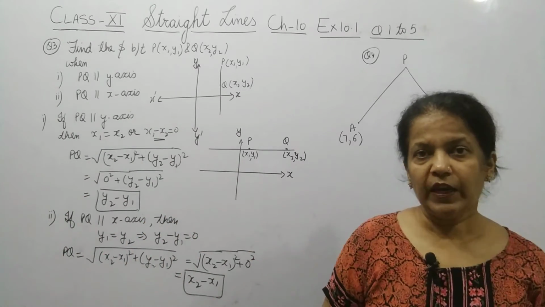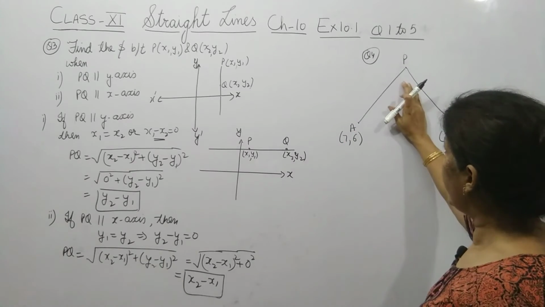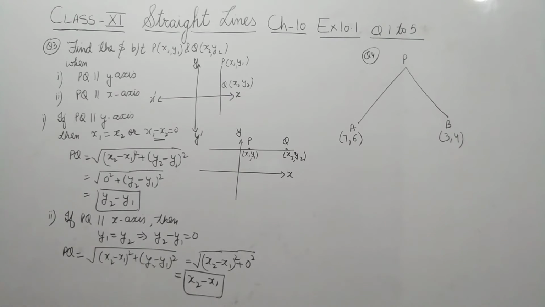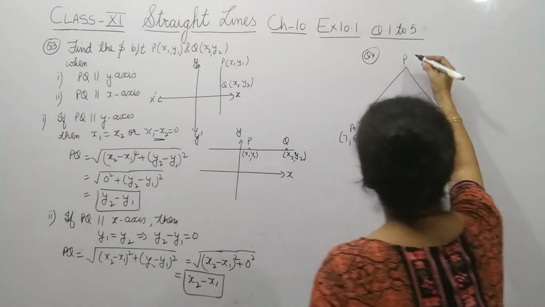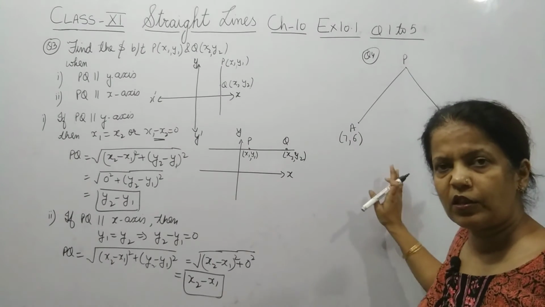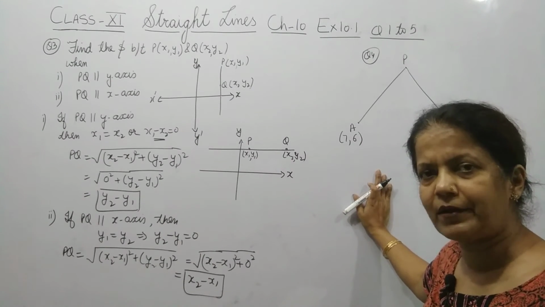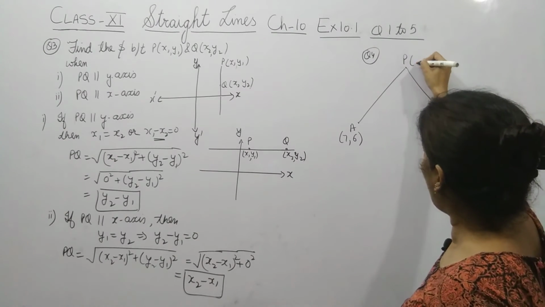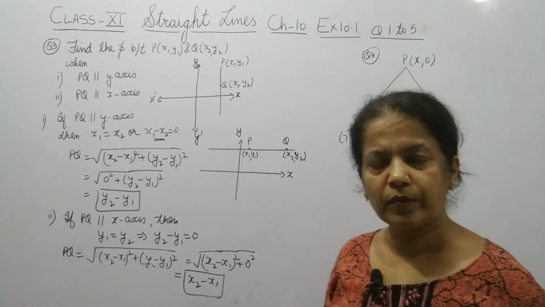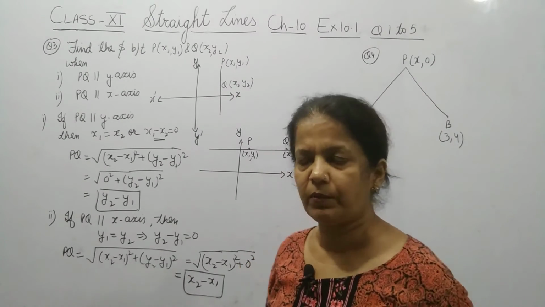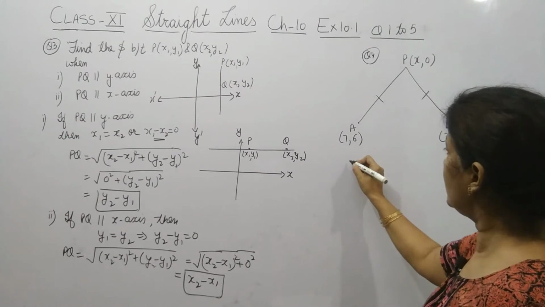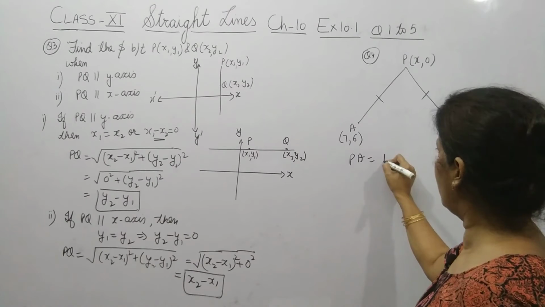Question 4. In question 4, it is written: find a point on the x-axis which is equidistant from these 2 points. This concept we did in the 10th class also. Point on the x-axis, so take the coordinates as (x, 0). The y value will be 0, and it is equidistant from these two, so PA equals PB.